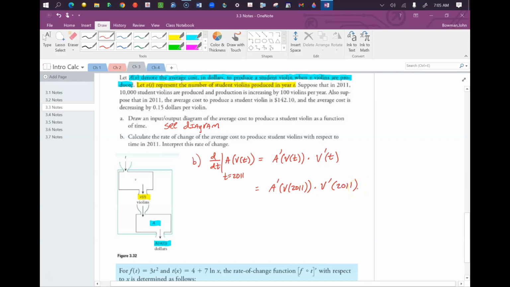All right, we need to go back up to the top and find that information. So V of 2011, suppose that in 2011, 10,000 student violins are produced. So this is going to be A prime of 10,000 times V prime of 2011.